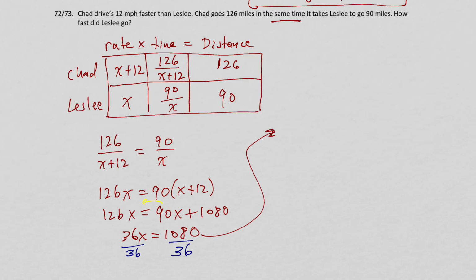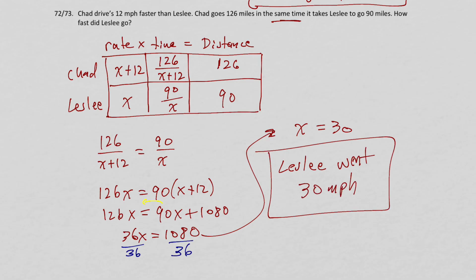So 1080 divided by 36, I'm just using a calculator, I'll get x is equal to 30. The question is, how fast did Leslie go? And Leslie's rate is x, so we just found it. So Leslie goes 30 miles per hour. That's it.